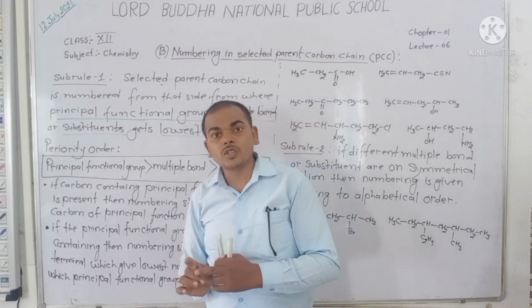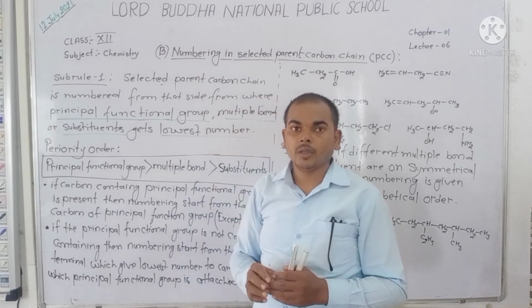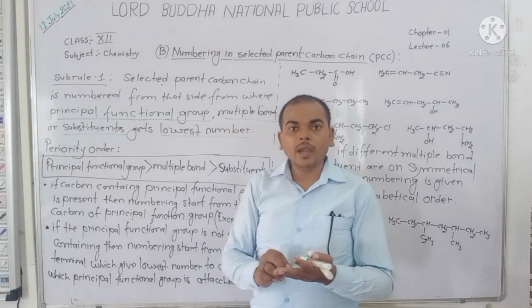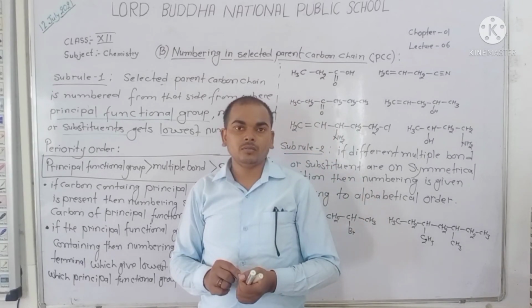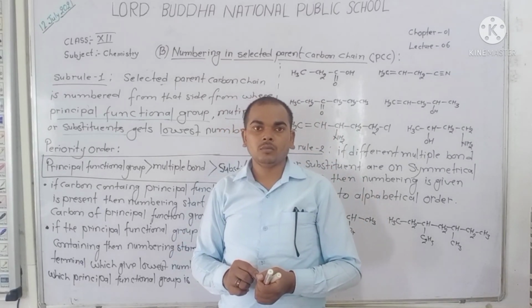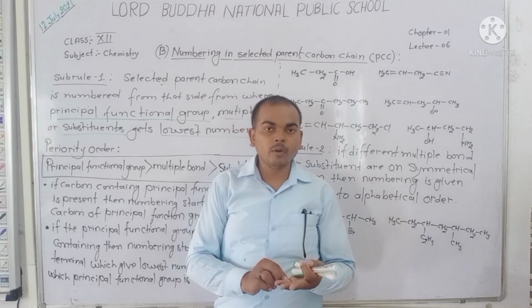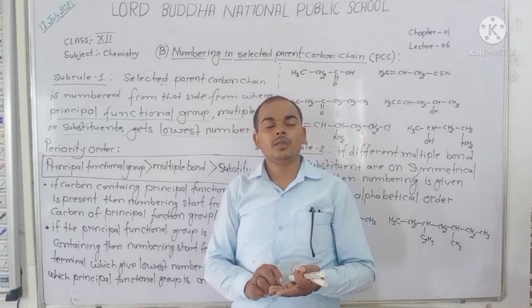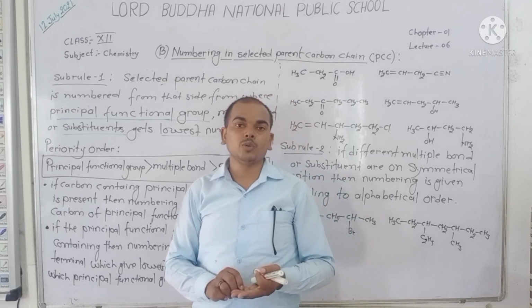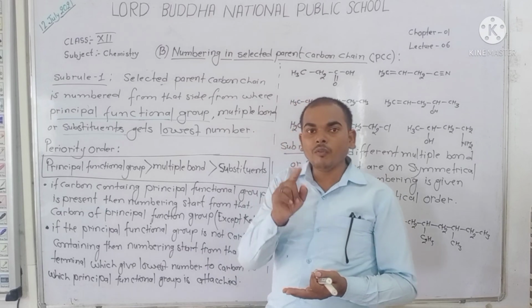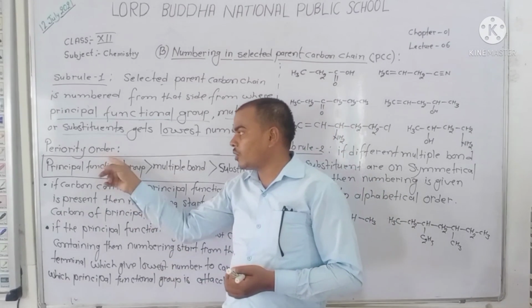But for the selection, if in a question multiple bond and function group both are given, then do you count from the multiple bond or from the function group? For this, you always learn the priority order.